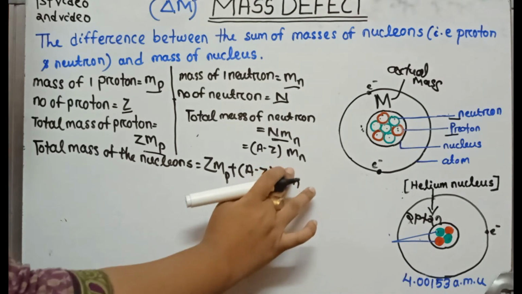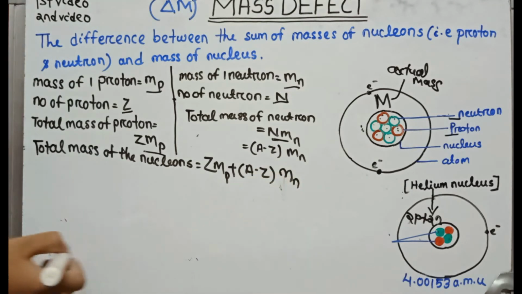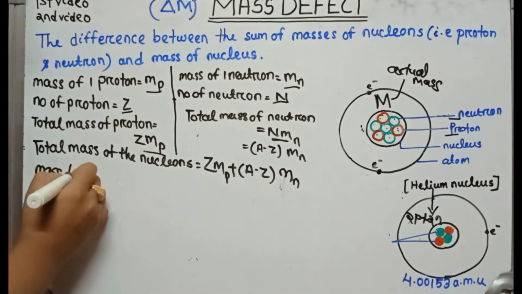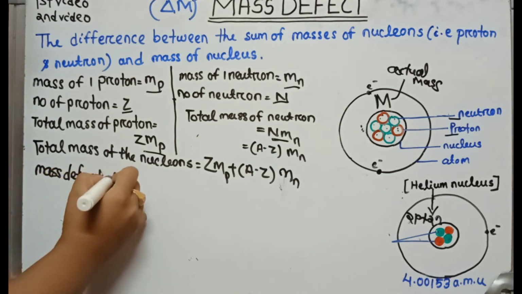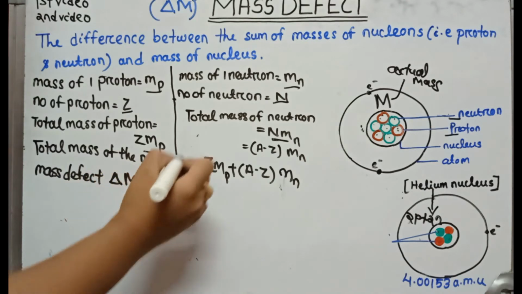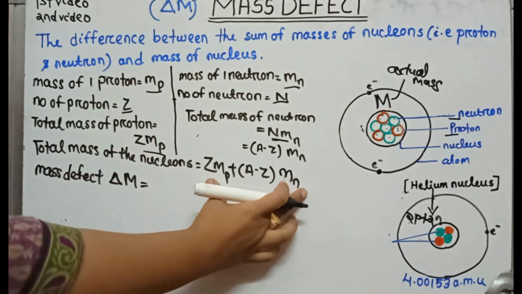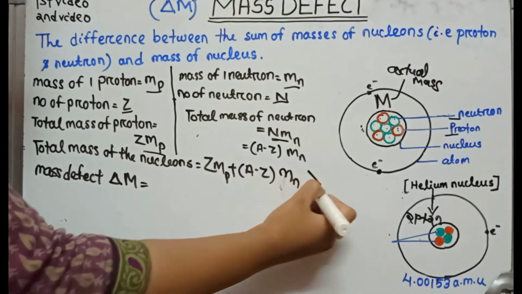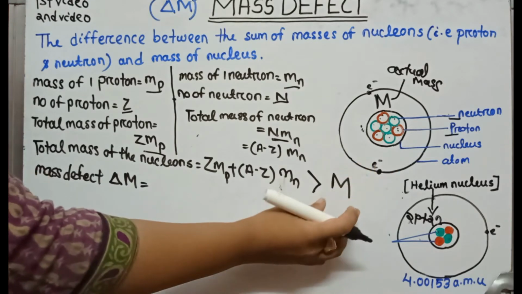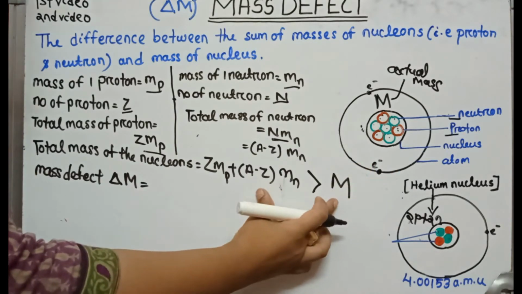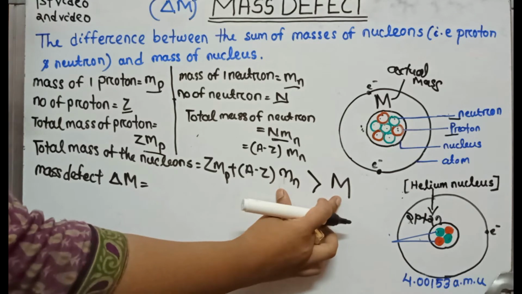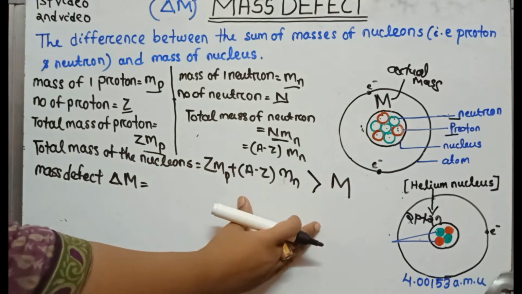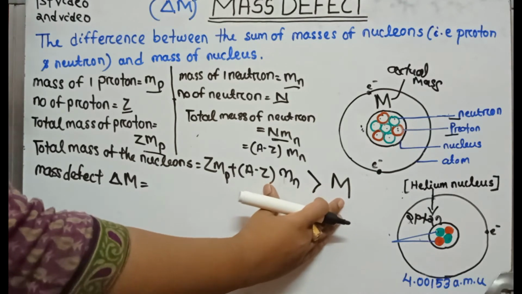The mass defect is denoted by delta M. And we know, students, that this total mass of nucleons is greater than the actual mass of the nucleus, and that mass difference is known as mass defect. So how do we calculate the difference between these two?